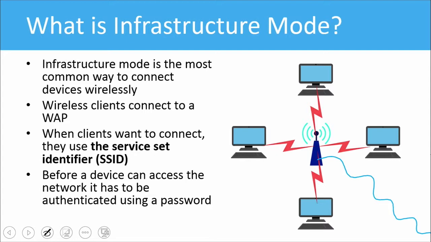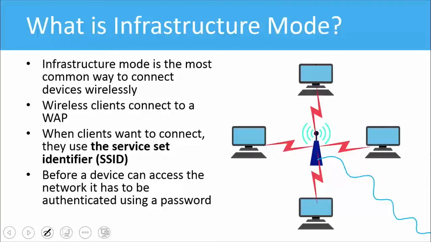When clients want to connect, they use a service set identifier. So if you are connecting to the internet through an internet service provider and you have a home router, you probably are connecting by using a service set identifier, an SSID, right now. Mine at home, if I can divulge this and I'll write it up on the screen for you, is Go Seahawks.